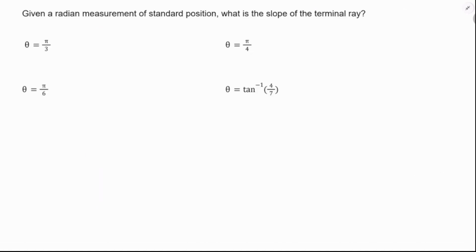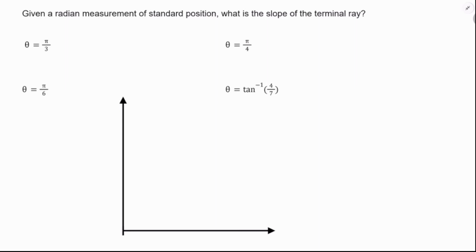All right, now, given a radian measurement in standard position, what is the slope of the terminal ray? Okay, of an angle in standard position, I think is what we meant to say. So I'm just going to start with pi over 3, and give myself an x-axis also.